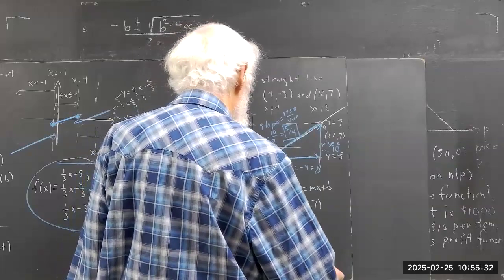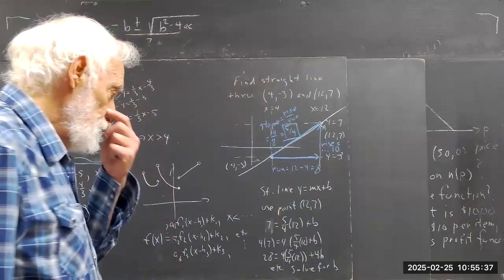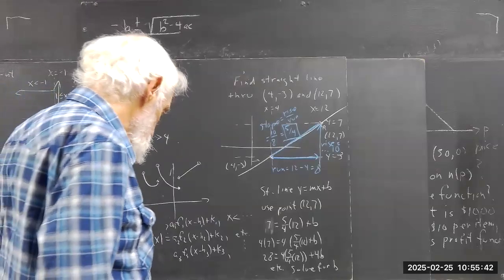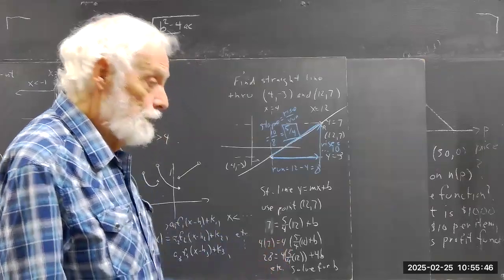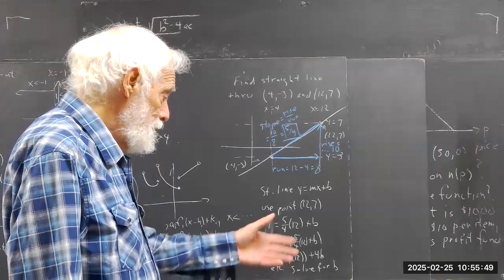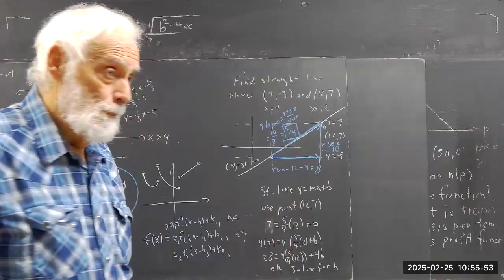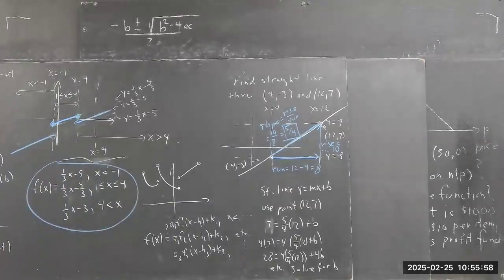I don't have room for that. We go through this and solve for b. Okay? You've got to make that 4 like a 4/1 and multiply by 5/4 and do all that. There are other things you can do. You can divide that 4 into 12. But once you have b, then you just put it in your equation and you have the formula for your function.